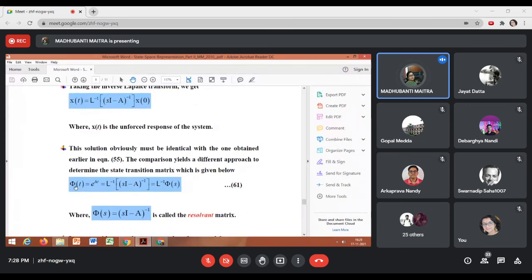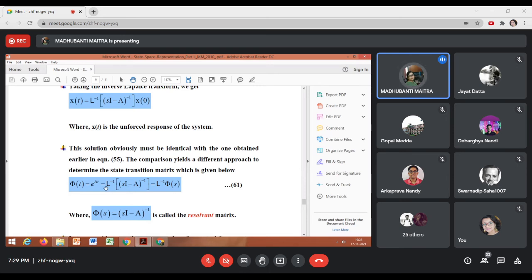So phi t, the state transition matrix, is equal to e to the power At, which is, as we discussed, Laplace inverse of (sI minus A) inverse, which is in the transform domain. So that can be written as phi s.